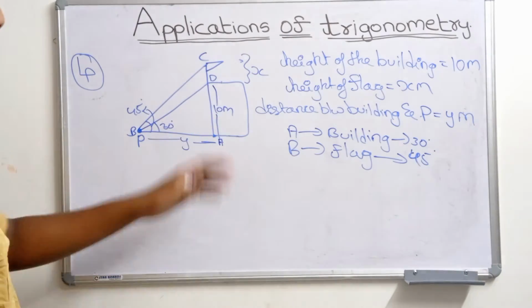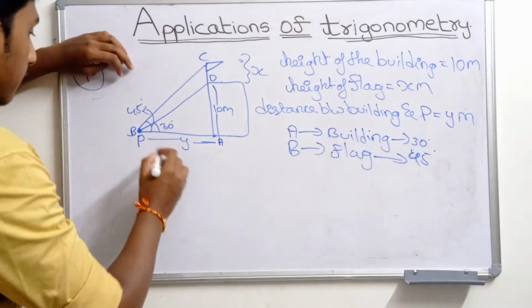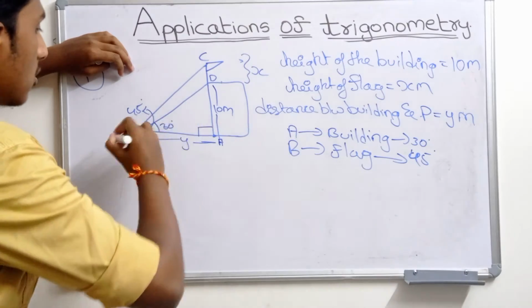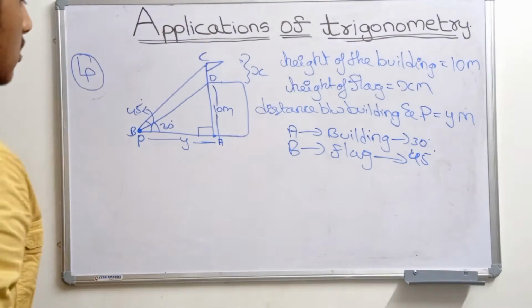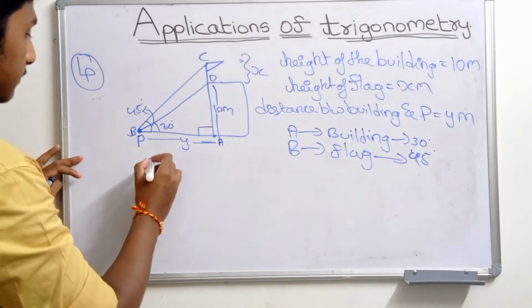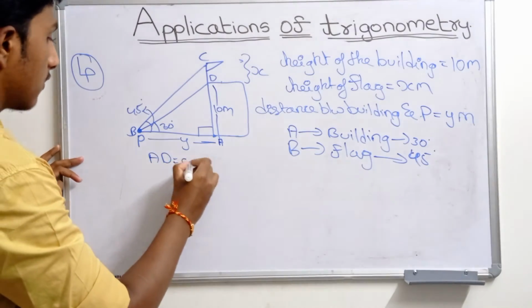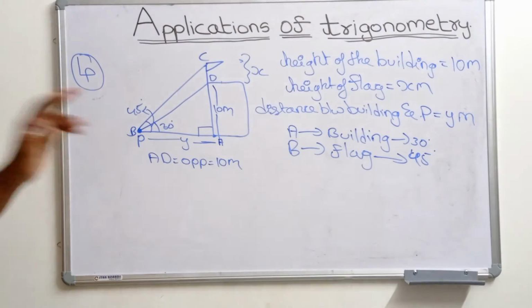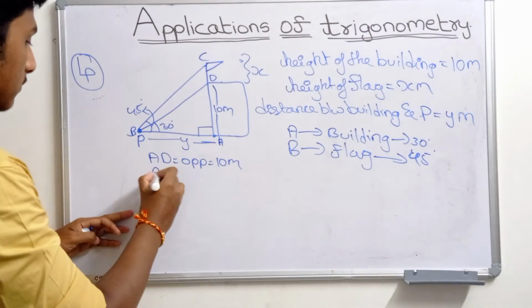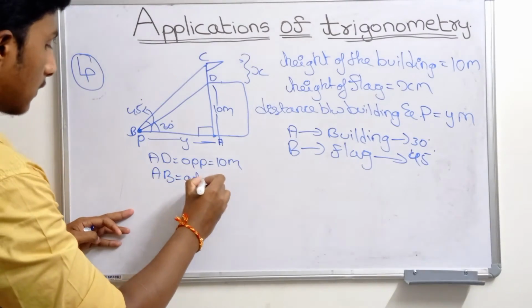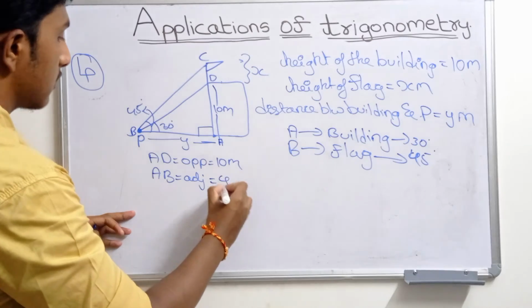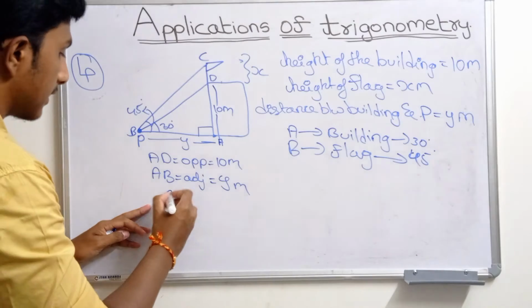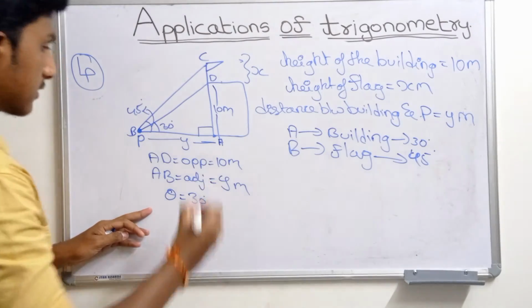We have A, B, C and D, and if we take this triangle, this is the opposite, this is the hypotenuse, and this is the adjacent, guys. Opposite is AD, that is equal to 10 meters, and AB is the adjacent, that is equal to y meters, and we have the angle theta equal to 30 degrees.